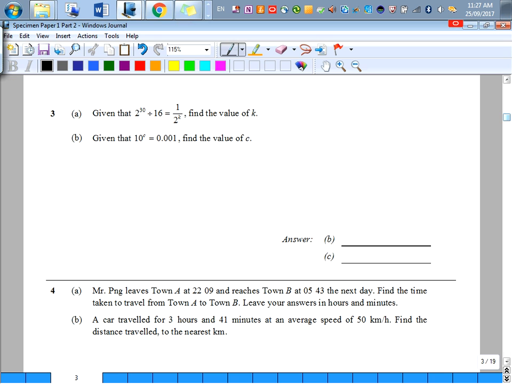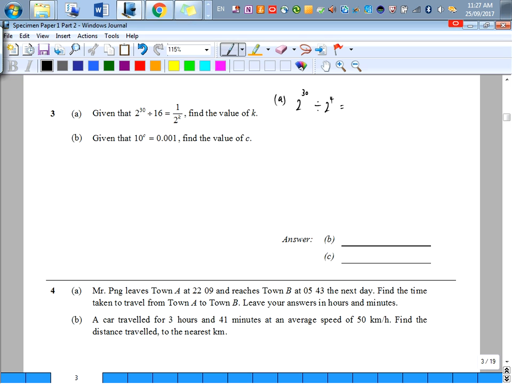Now for question 3a, 2 to the power 30 divided by 16 equals 1 over 2 to the power k. So just now we already said that the base should be 2. Now in part a, let us change everything to base 2. 2 to the power 30 divided by 2 to the power 4 equals 1 over 2 to the power k.